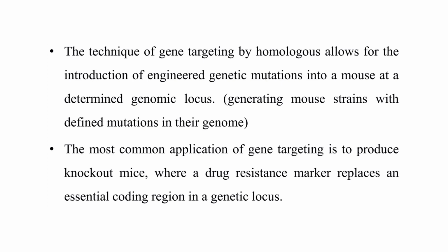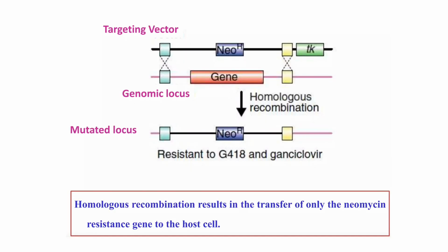The technique of gene targeting by homologous recombination allows for the introduction of engineered genetic mutations into a mouse at a determined locus. The most common application of gene targeting is to produce knockout mice where a drug resistance marker replaces an essential coding gene in the genome.